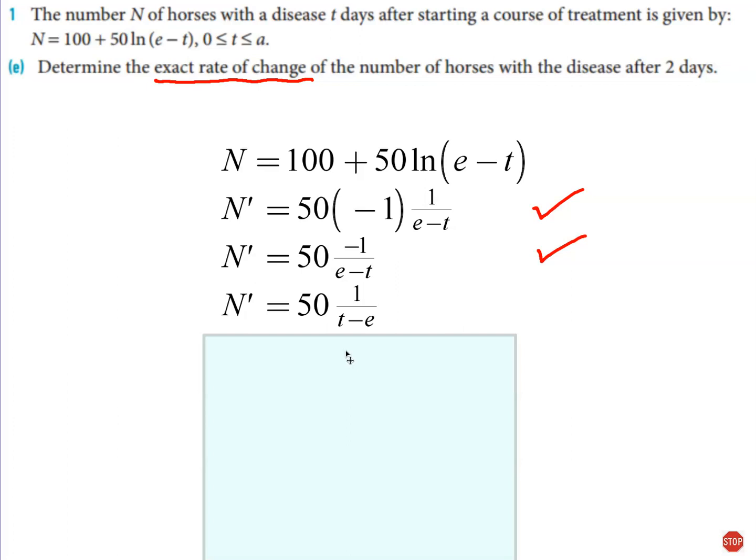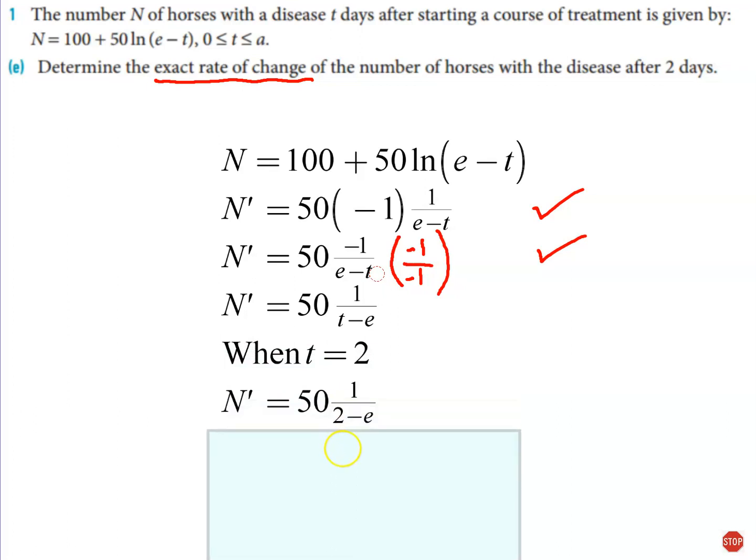What they've done to get from there to there is they said, we want to have the t in front. We don't want a negative sign on top. So they multiplied top and bottom by -1. -1 times -1 is 1, and that gives you positive t minus e, and that is the expression for the answer. And then when t equals 2, you get the exact rate of change for that particular value.